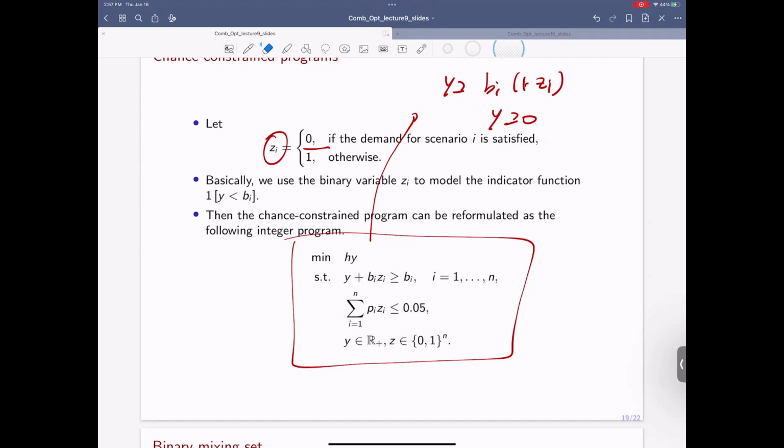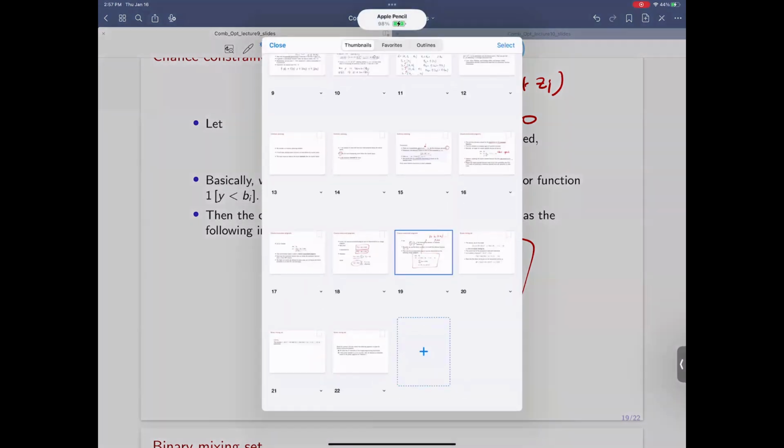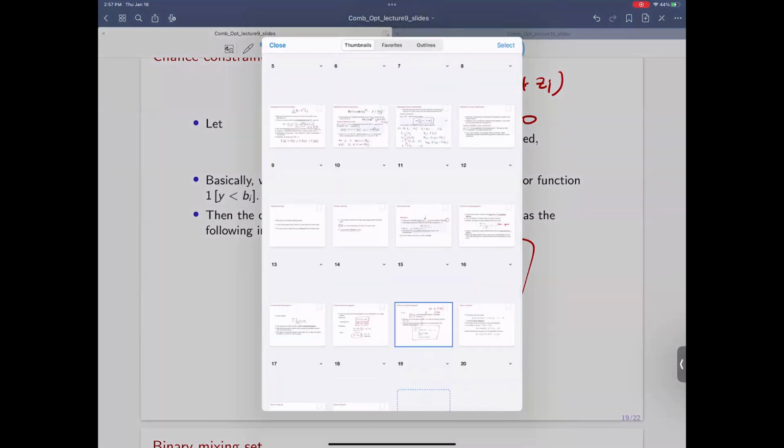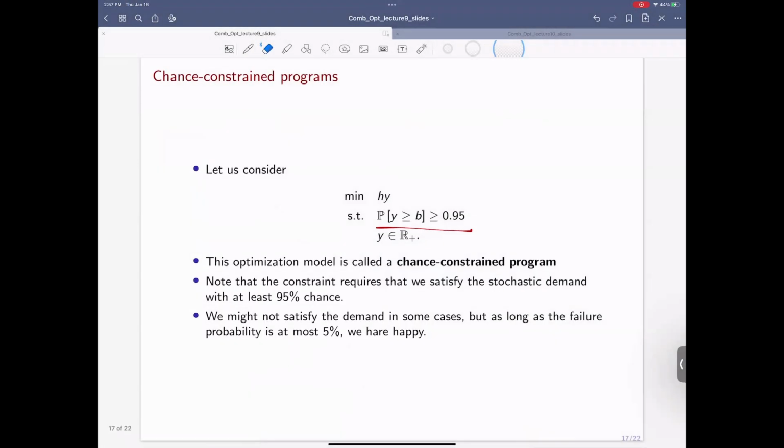Just to summarize what we've just talked about: we were talking about chance constraint programming. We have this demand satisfaction problem. My goal is to determine the quantity that satisfies a random demand with 95% probability.